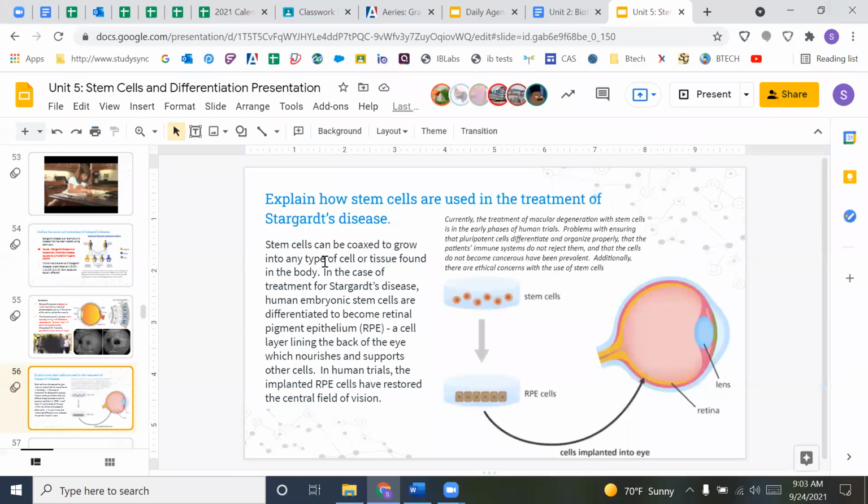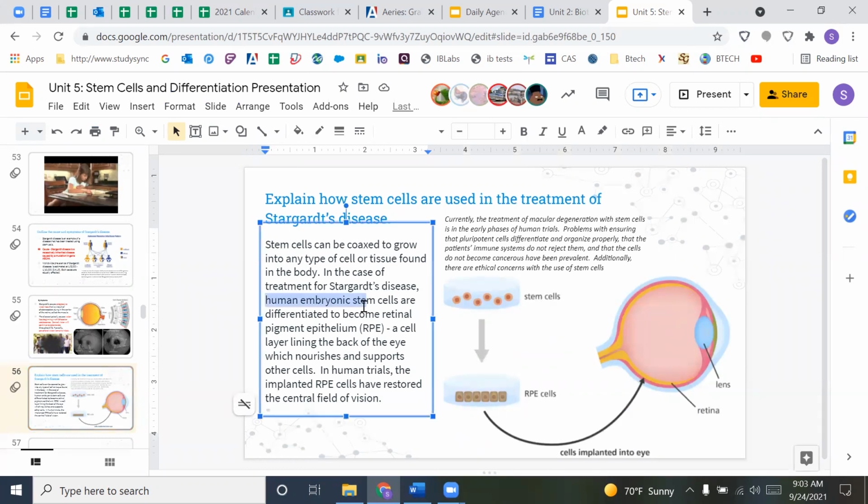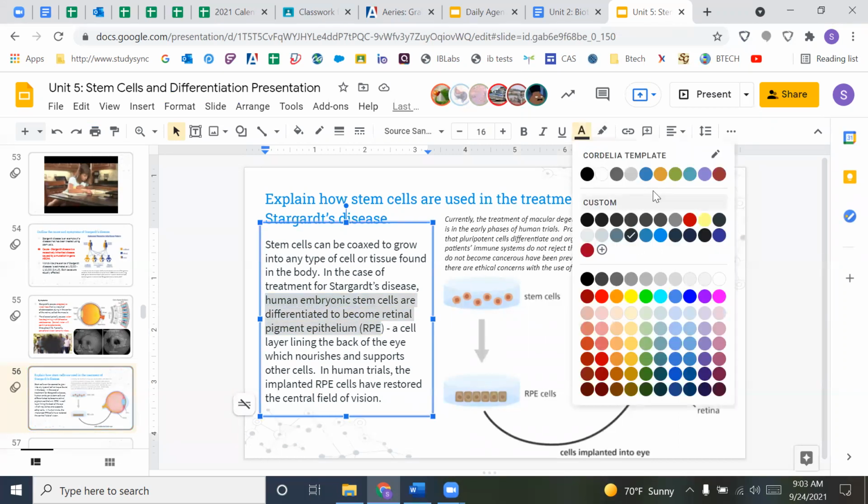Stem cells can be coaxed to grow into any type of cell or tissue found in the body. In the case of treatment for Stargardt's disease, human embryonic stem cells are differentiated to become retinal pigment epithelium, RPE. I would say that's important to write.